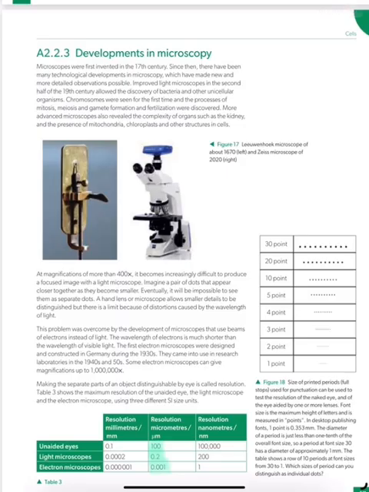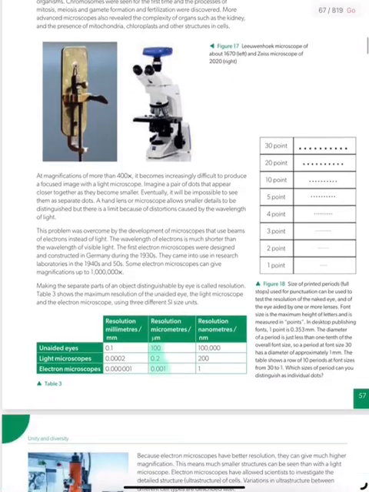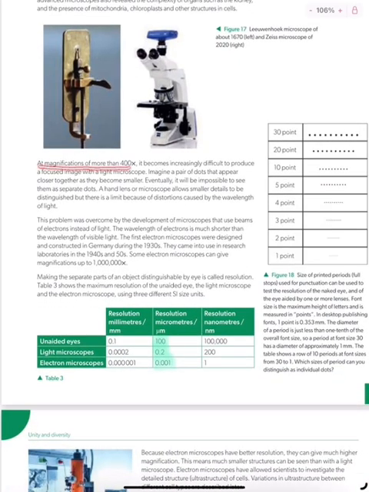Now we can get on with developments in microscopy. So microscopes were first invented in the 17th century. And obviously, as you can see here, there have been many technological developments in microscopy throughout the years. At magnifications of more than 400, it becomes increasingly difficult to produce a focused image with a light microscope, which is this one right here.